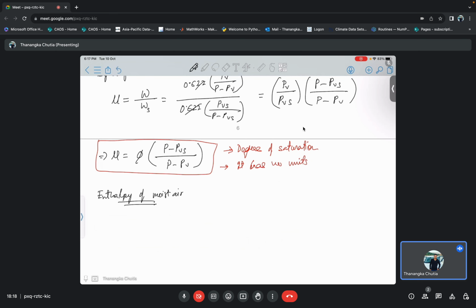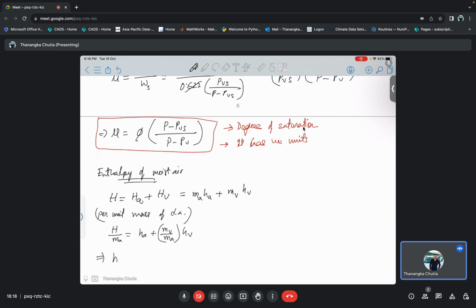So how can we calculate the enthalpy? Capital H will be HA, enthalpy of dry air, plus enthalpy of moisture. Now I can write this as MA into HA plus MV into HV. We know that everything we express in terms of per unit mass of dry air. So this expression becomes H divided by MA equals HA plus MV by MA times HV.